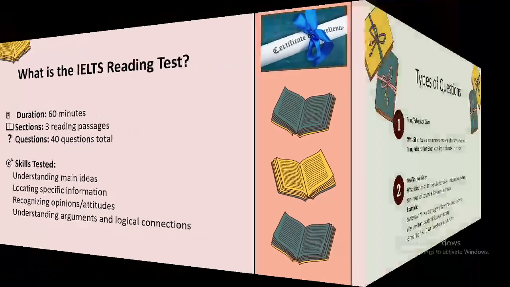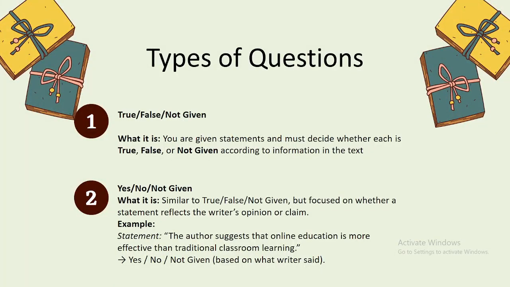Okay, so we are going to talk about true false not given. What is true false not given? You are given statements and must decide whether each is true, false, or not given. Basically, you are given a passage, it may be passage one, two, or three, whatever it is, and you are also given some statements.